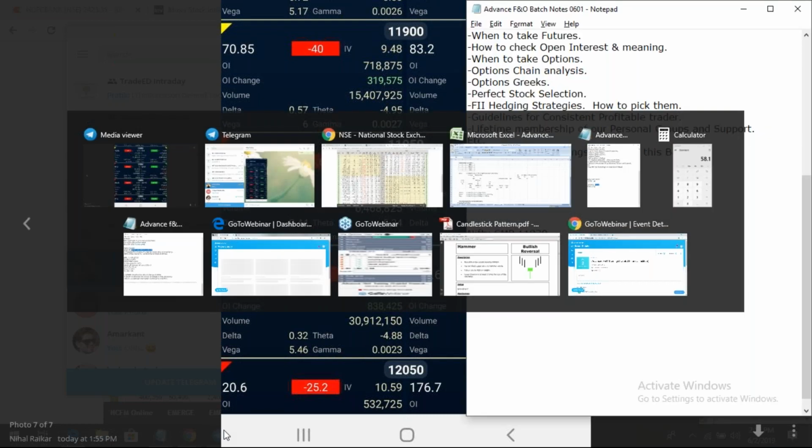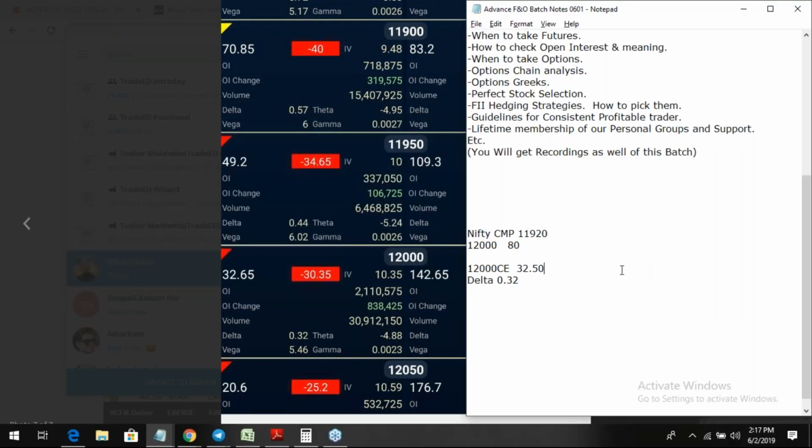How are we calculating? 80 into 0.32 is 25.6, plus 32.50 is equal to 58.1.